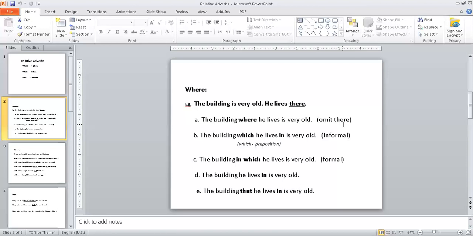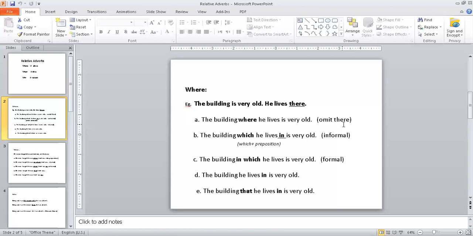Now you can join both sentences in another way. Look at D. The building he lives in is very old. We are modifying the building, and the building is an object in this sentence because he lives in the building.